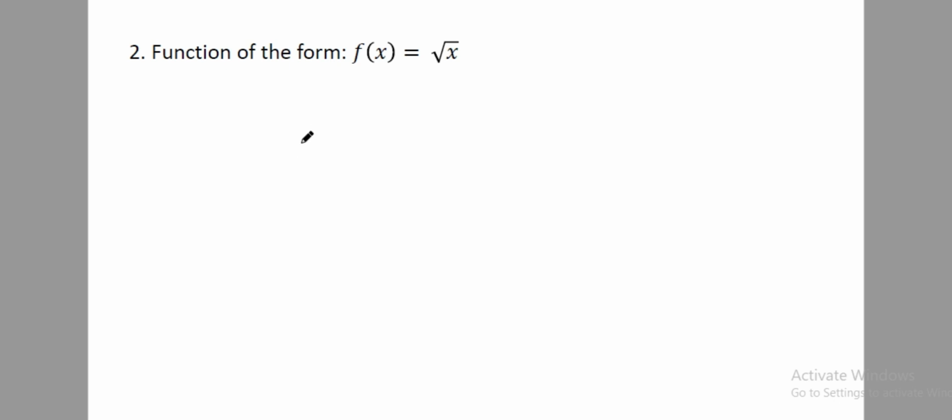Next, a function of the form f of x is equal to square root of x. First of all, this is not a polynomial function. Why?